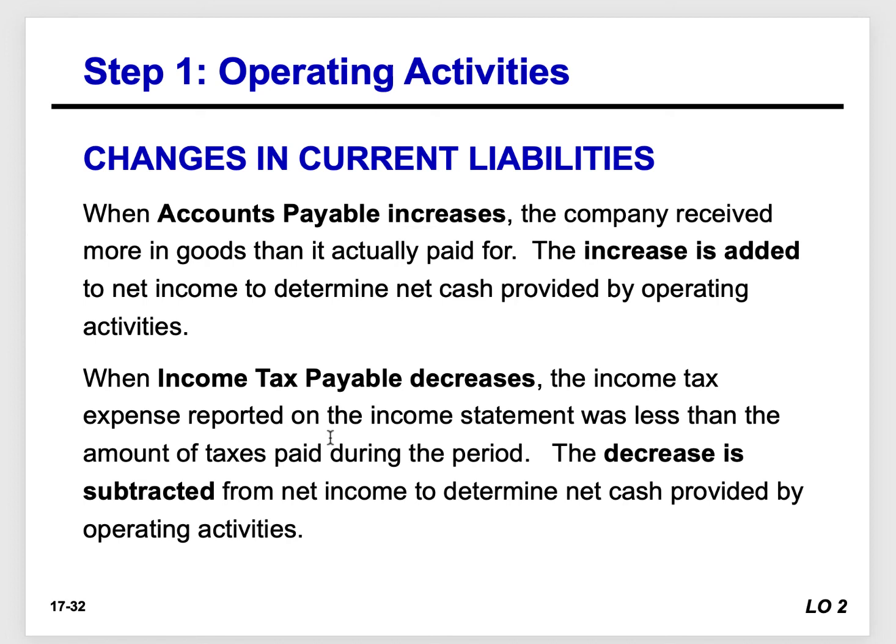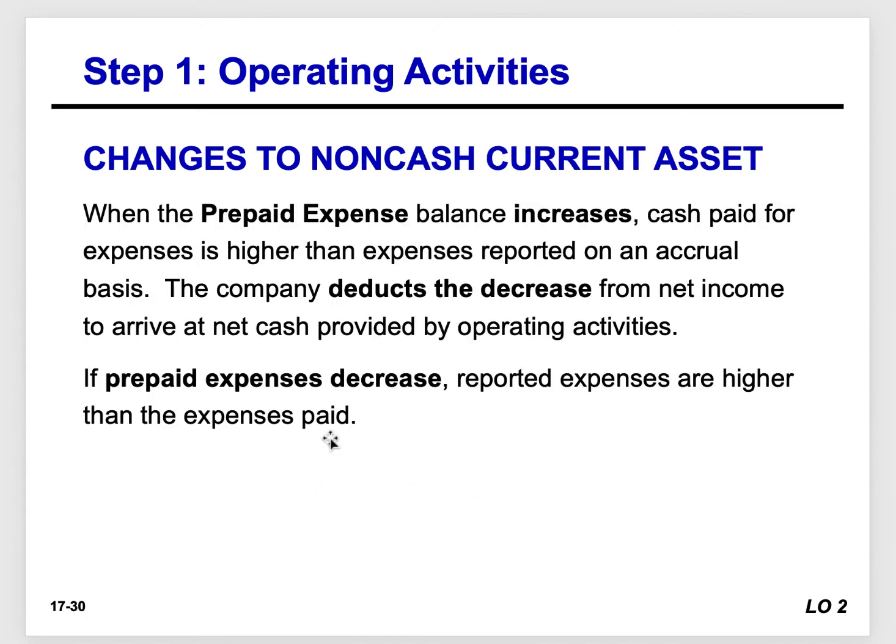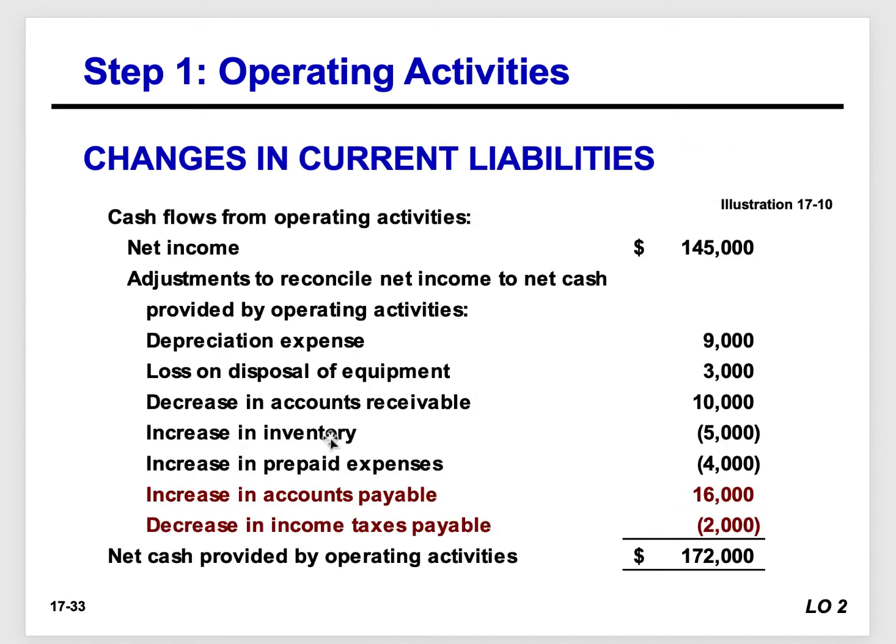So we have another rule. If current liabilities decrease, we need to subtract from net income. Okay? So look, here we go. That increase is added, the decrease is subtracted.